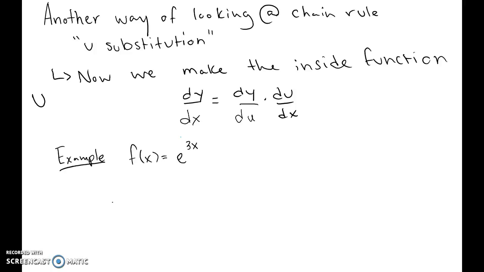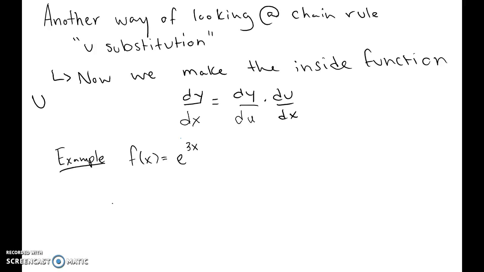Our inside function here, if we were to put a number in for x, we'd see what happens first. Well, it gets multiplied by 3. So our inside function is u equal to 3x. That's our first step: identify the inside function.